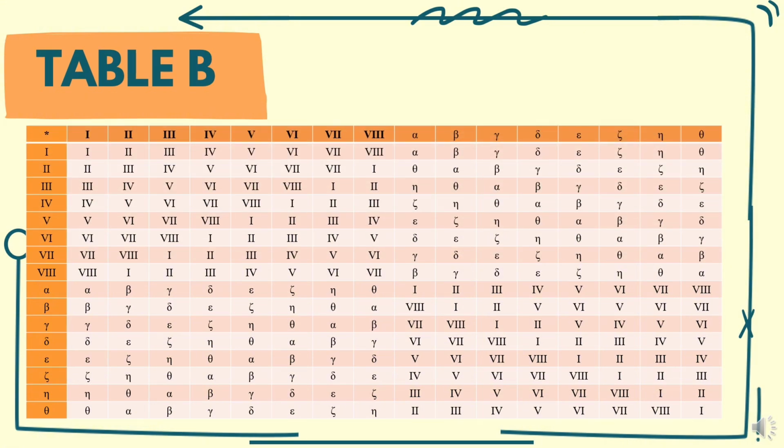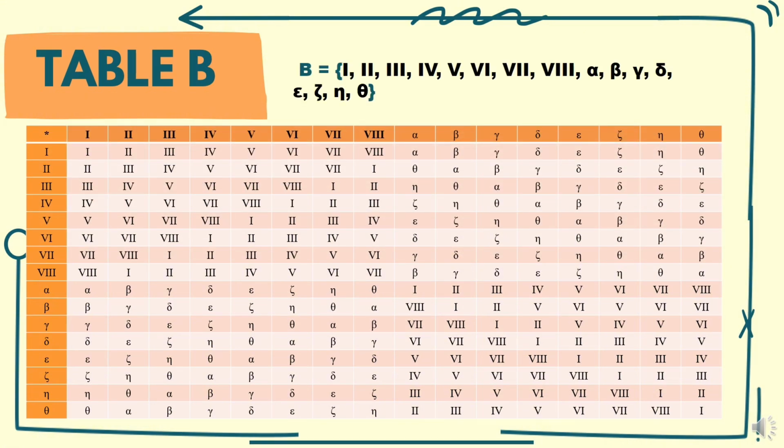So now this is our table B that contains Roman numerals 1, 2, 3, 4, 5, 6, 7, 8, alpha, beta, gamma, delta, epsilon, zeta, eta, and theta.